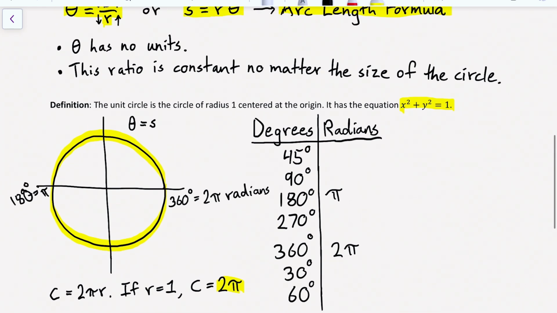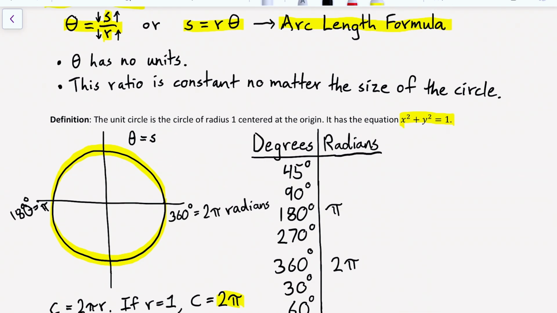And often that is a common measurement that I will use when I'm converting between degrees and radians. 180 degrees equals pi radians. If I can remember this fact, then I can subdivide this, or I can multiply this to find other correspondences between degree measure and radian measure.